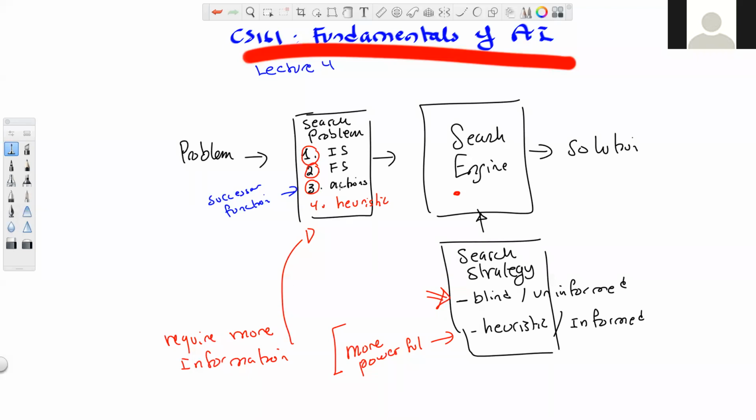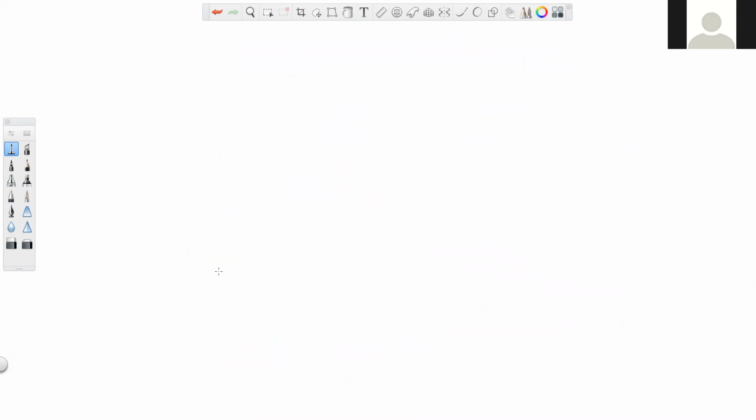Today we will. Now, to talk about search strategies, we have first to explain something very important about the search process. So now we're going on here. Let me erase.